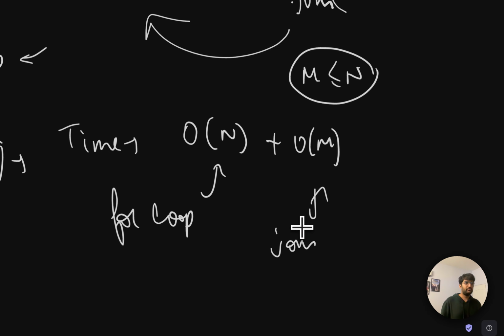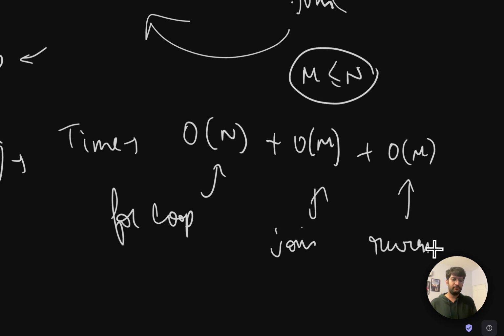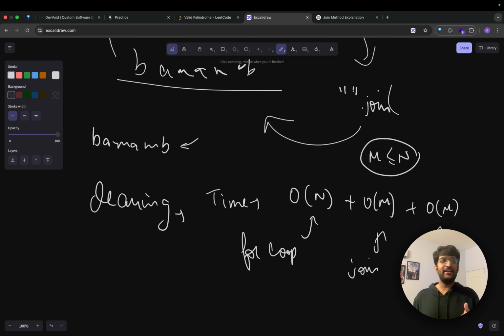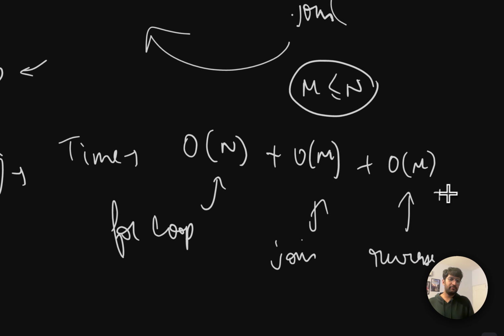Okay, next after joining we have reversing. Reversing will also require O of m. Finally, what do we do? Equals. Equality, by the way, is also O of m internally.